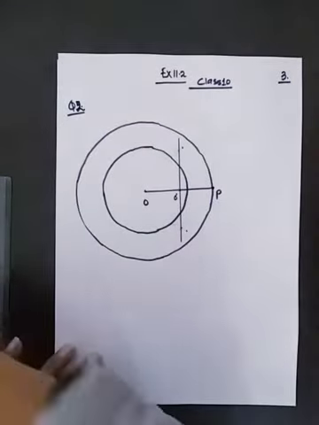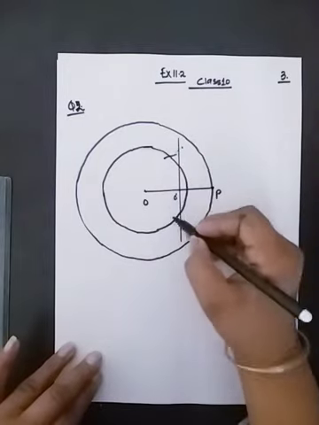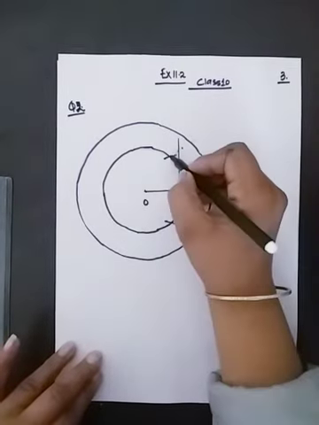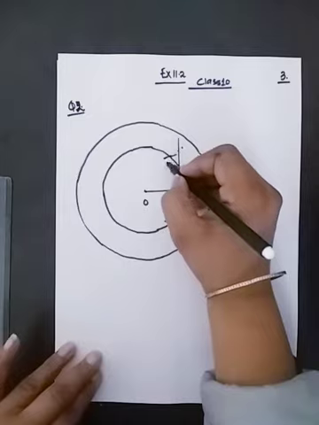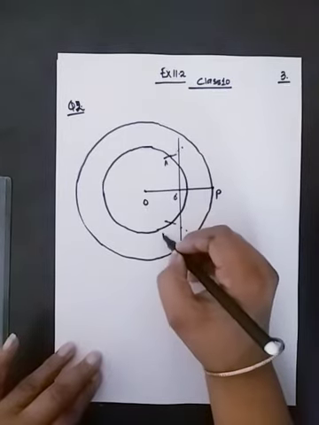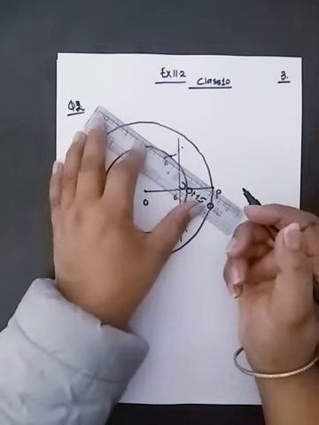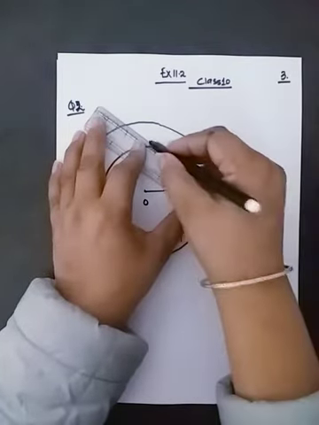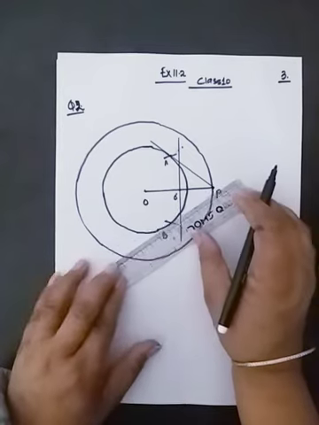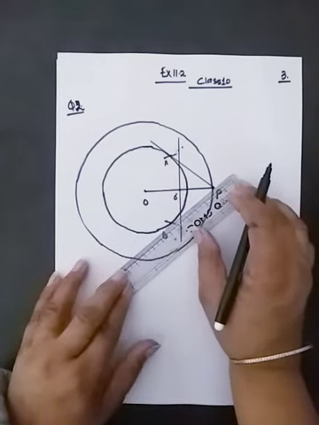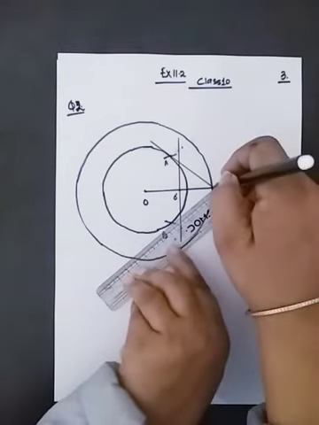So these are the desired arcs and we can name them as A and B. Now we have to join P to A and P to B. So PA and PB are the required tangents.